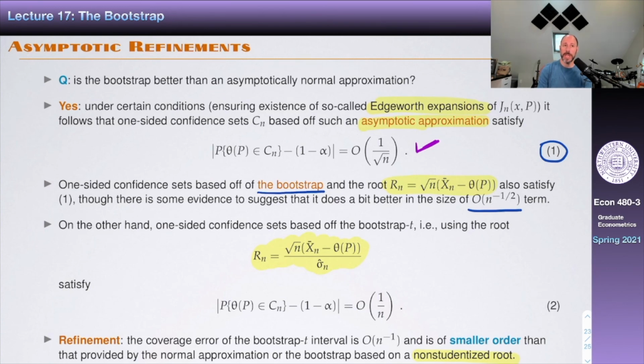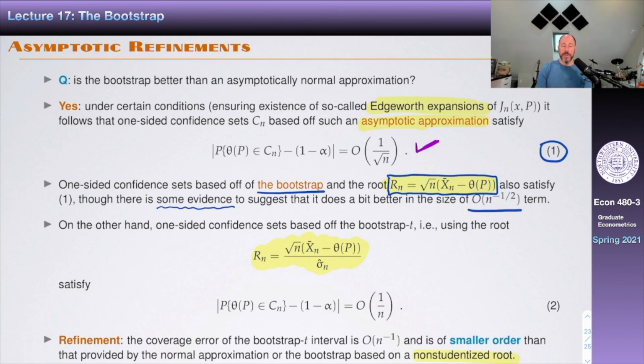The Bootstrap has the opportunity to give you the so-called refinement when you use roots that are asymptotically pivotal. If the root is not asymptotically pivotal, like the one over here, then you pretty much know that the Bootstrap is not going to give you a refinement. People may use the Bootstrap anyway, even though at that point there are no benefits, because, as I said here, some evidence says that it tends to work better, so people sometimes just use it.